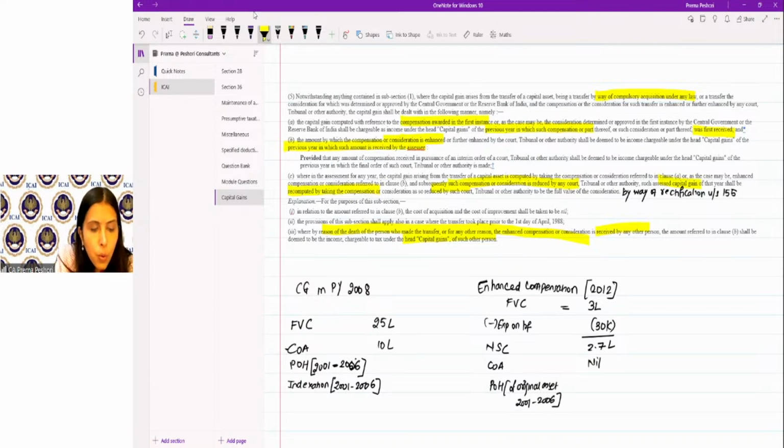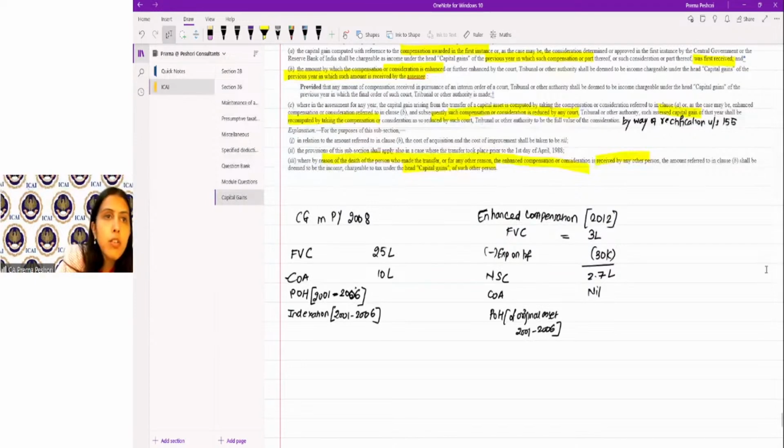Therefore, the question arises whether, if I have to claim 54EC, if I put it in bonds, can I claim the exemption within the period of 2 years from 2006 or from 2008? So 54EC you can claim from the date of receipt of compensation and not from the date of transfer.